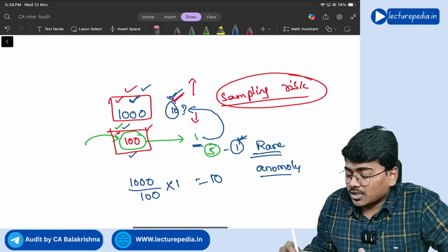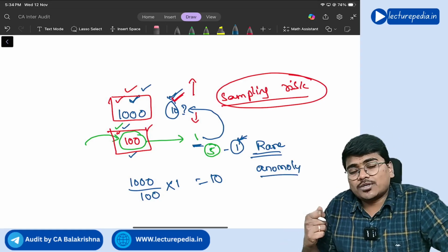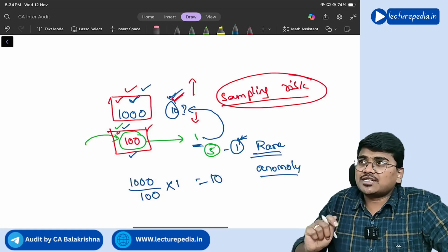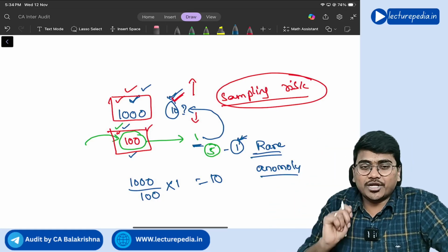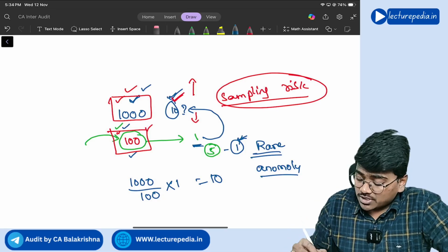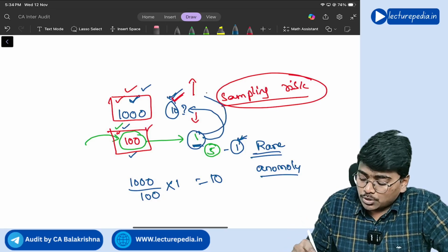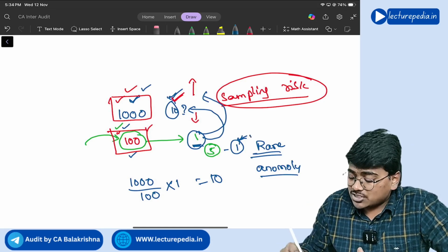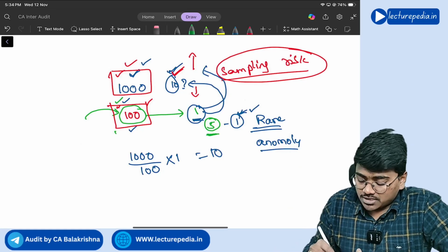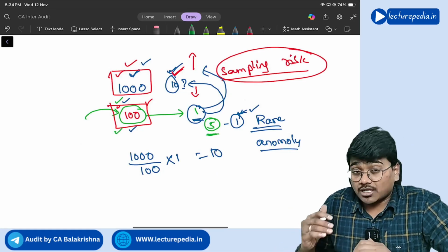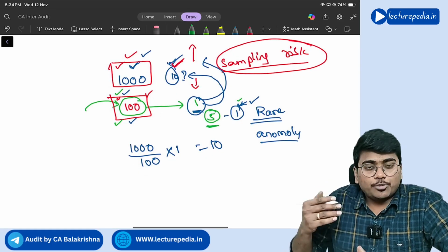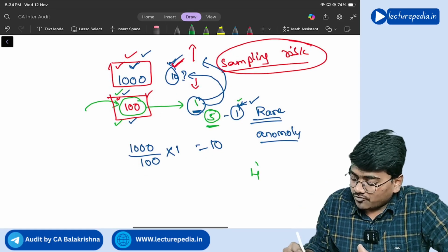Understanding? So the misstatement which is found only in the sample, but for sure 100% will not be there in the entire population, is known as anomaly. Now when you project the misstatement to the population, you should exclude this anomaly. So there are total 5 misstatements in 100 items. Of that five, one is an anomaly. So while projecting, you should consider only four misstatements.